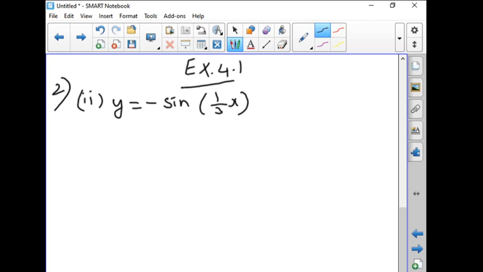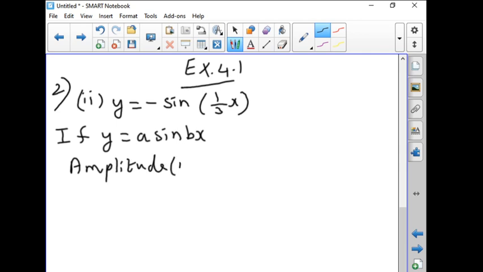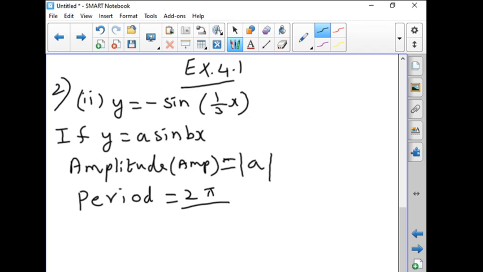See, if y is equal to a sin bx, then amplitude, in short we can also write it as amp, amplitude is equal to modulus of a, and period is equal to 2 pi by modulus of b.